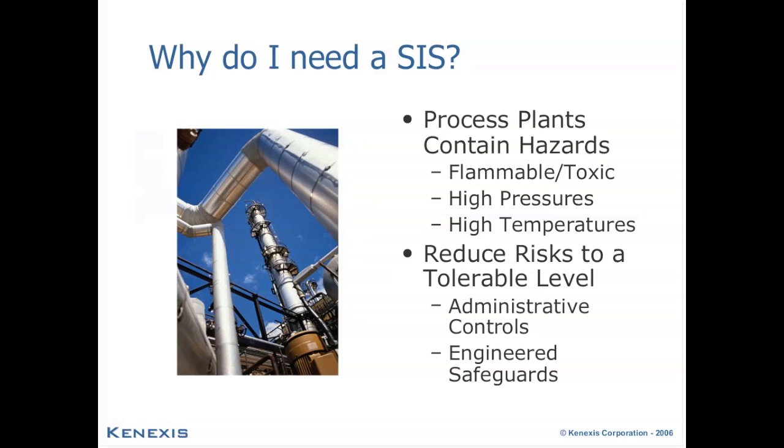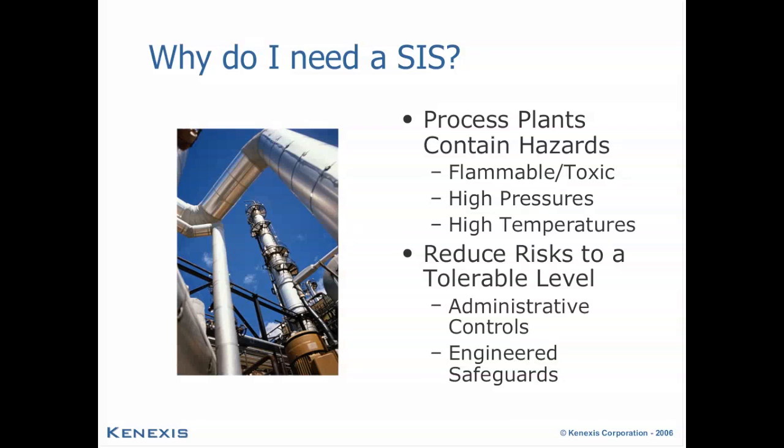So to get into the content of the safety life cycle, we need to ask the question, why do I need a safety instrumented system? Processes contain toxic and hazardous materials, including flammable materials, and processing equipment that's at extreme temperatures and pressures. Most companies use a variety of means to control risks and bring them to a tolerable level, including administrative controls as well as engineered safeguards.